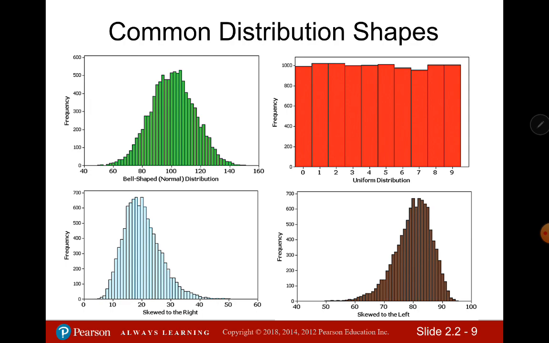We can check the height of each bar. They are very similar, they are uniform, so this is called uniform distribution. And the blue one, we say this histogram is skewed to the right, because we can find a long right tail. So we call this kind of shape skewed to the right. Similarly, the last one has a long left tail. We call it skewed to the left.